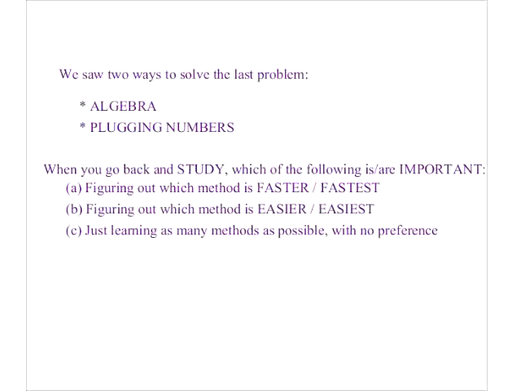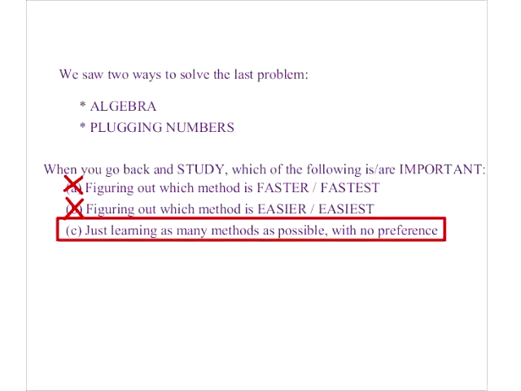You can type in the text box if you want. So what you should be telling me is just C and not the others. Let's talk about why. The only one of these that's relevant here is learning as many methods as possible with no preference.